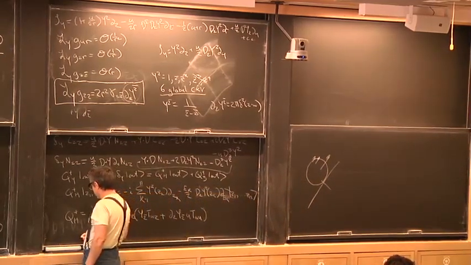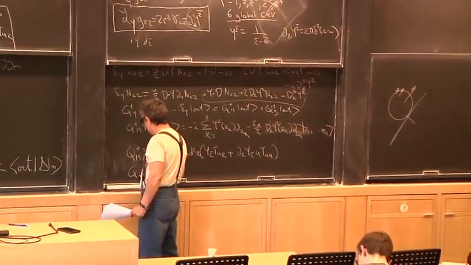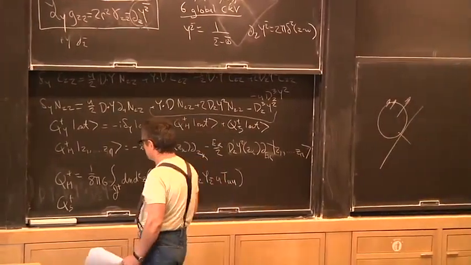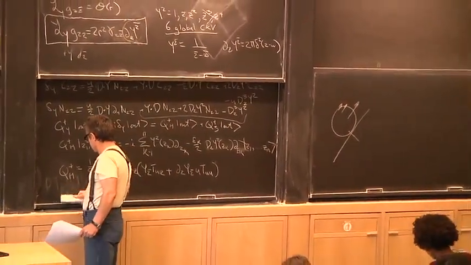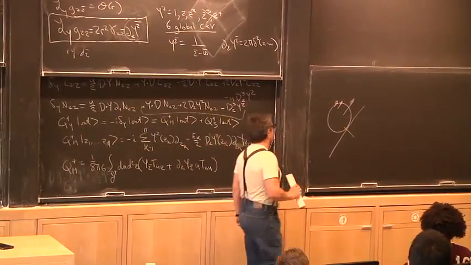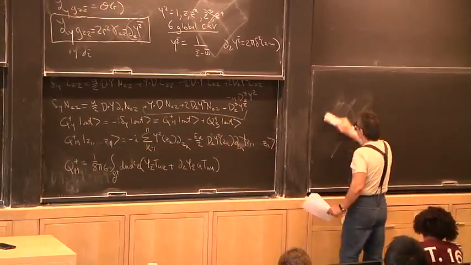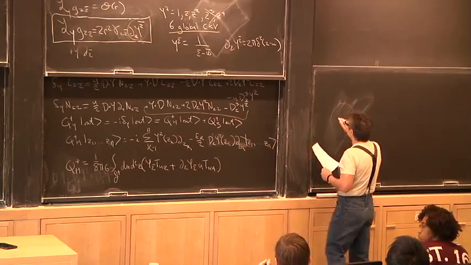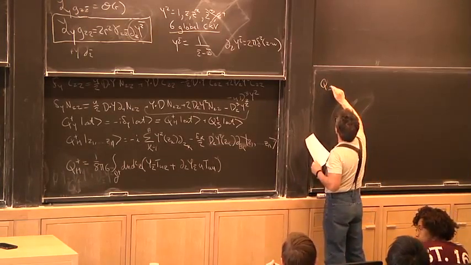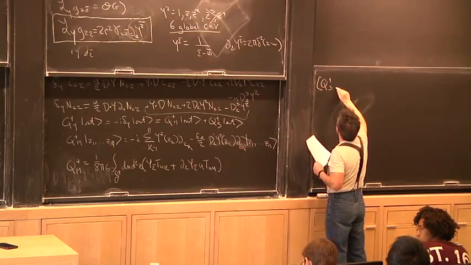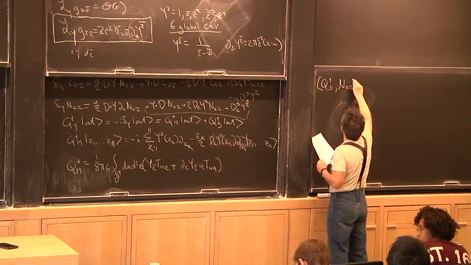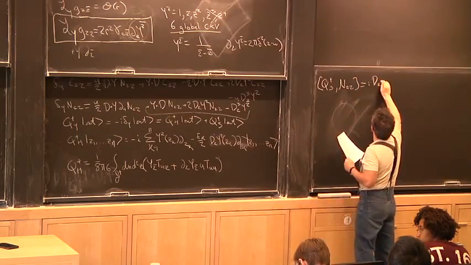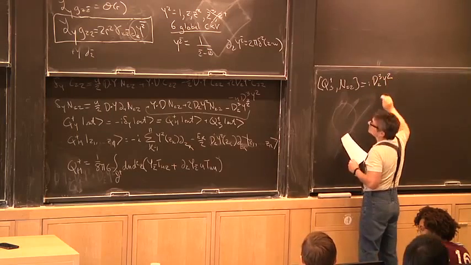And what about the soft piece? Well, to get the soft piece, we use the fact that the soft piece should have the property that its commutator with Nzz is equal to i dz cubed yz, right?